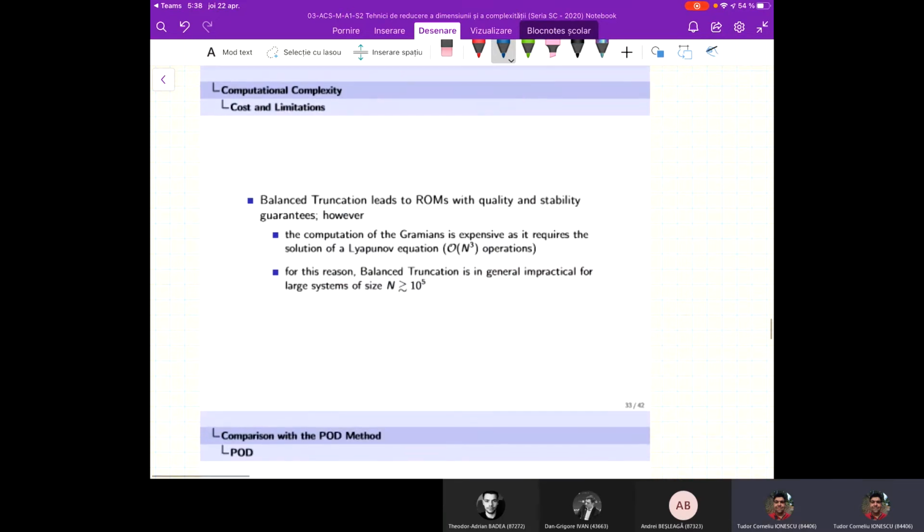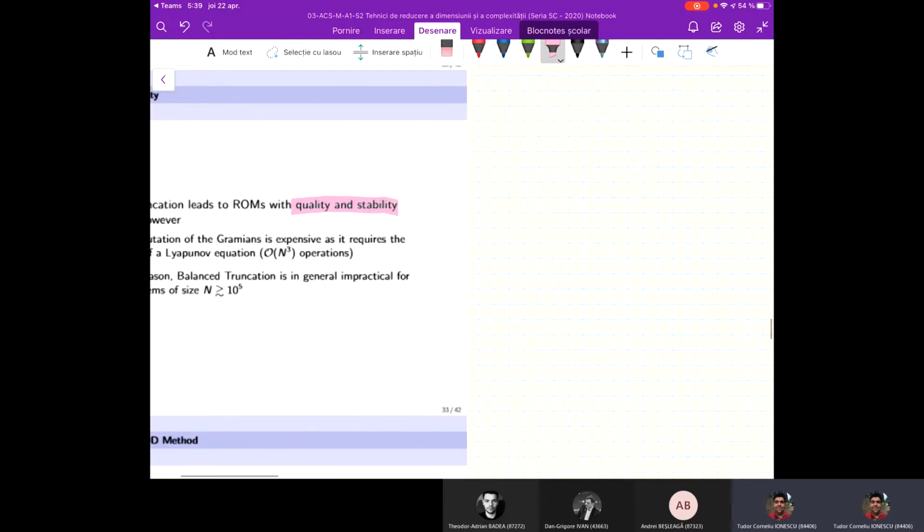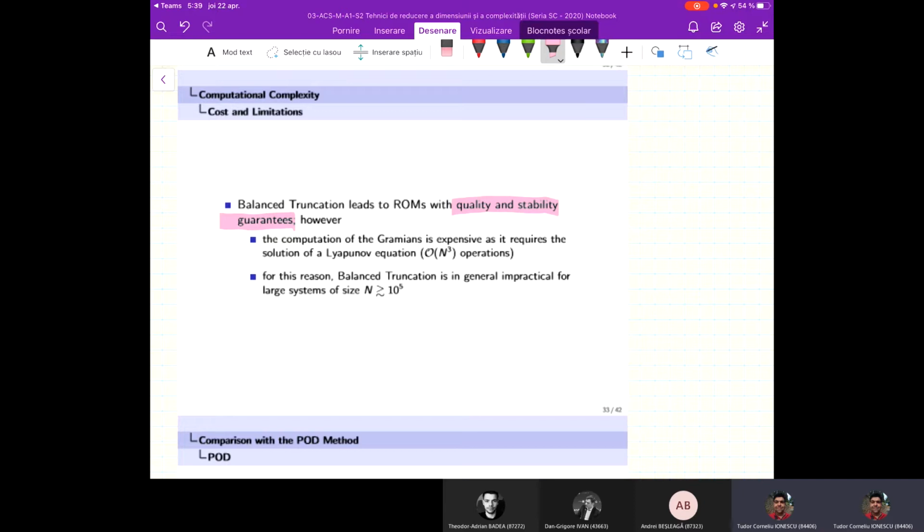What's the computational complexity? This is the main question when you have an algorithm of this sort. BT leads to reduced order models with quality and stability guarantees, as I've stressed before. Okay, so this is highly relevant. However, the computation of the Gramians is expensive. This is where I wanted to go, because solving Lyapunov equations is very, very expensive.